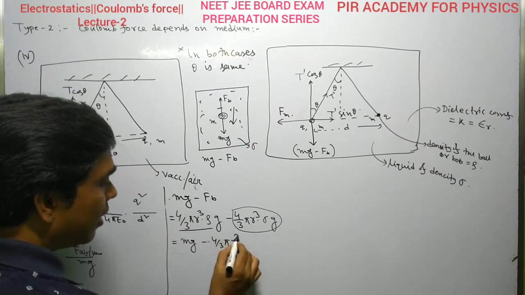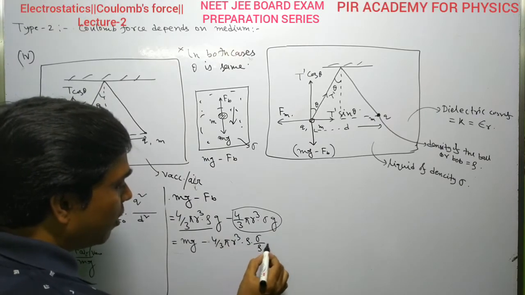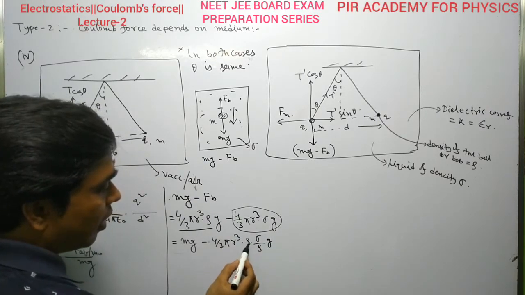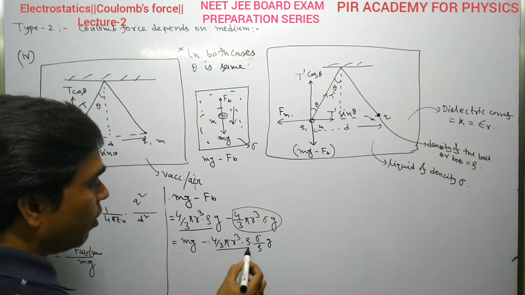It can be written as 4/3 pi r cubed times rho times sigma by rho times g. Here rho is multiplied and rho is divided, so this will be m.